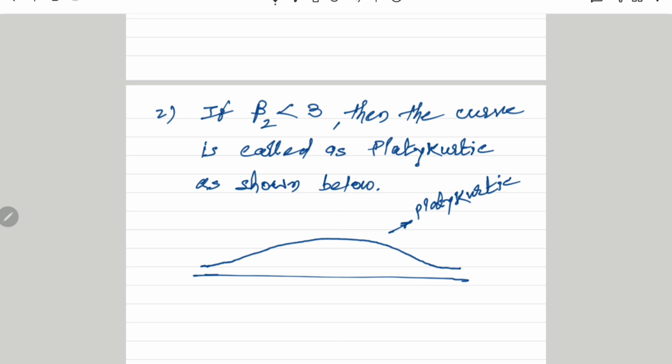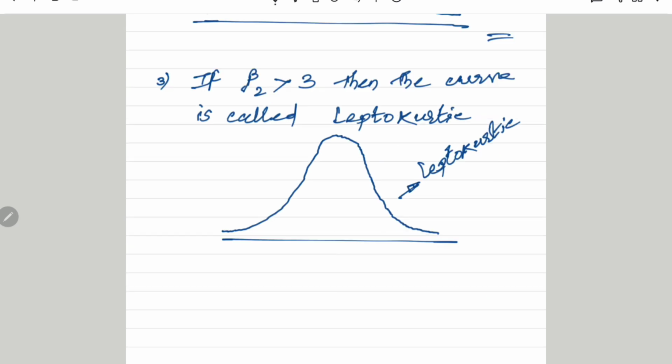Second case, if the value of beta 2 is less than 3, then that curve is called platykurtic, as shown below. This is the figure of platykurtic, where the value of beta 2 is less than 3. And third case, if the value of beta 2 is greater than 3, then that curve is called leptokurtic, as shown in the figure.